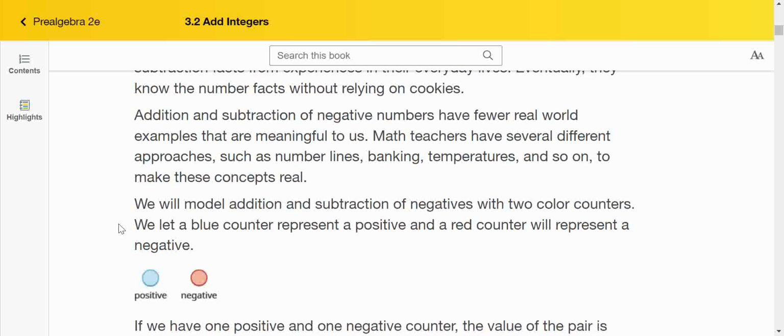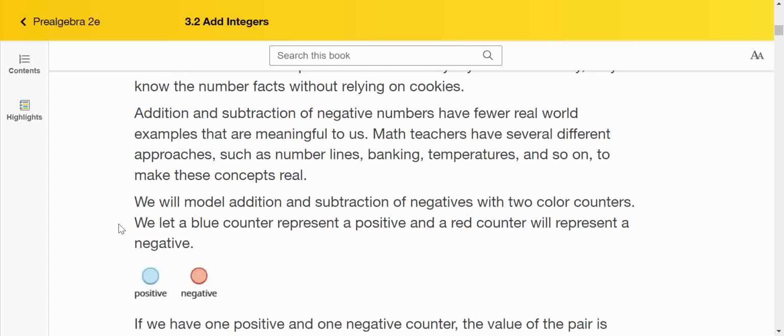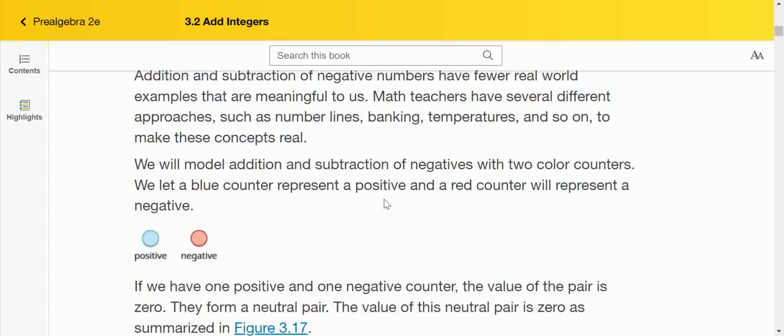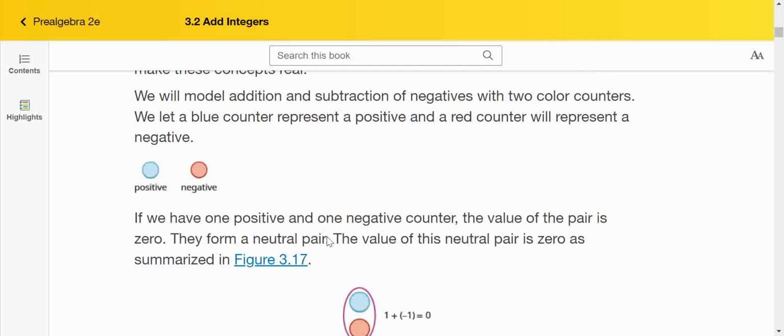We will model addition and subtraction of negatives with 2 color counters. We let a blue counter represent a positive and a red counter will represent a negative. If we have 1 positive and 1 negative counter, the value of the pair is 0.